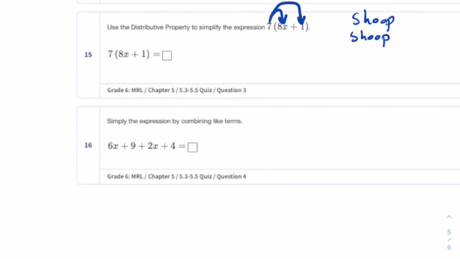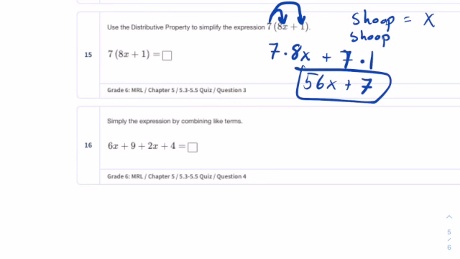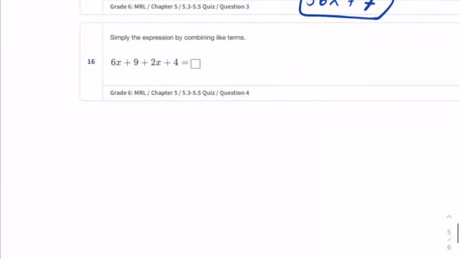So we do 7 times 8x. Every time you shoop, you multiply. Shoop equals multiply. So 7 times 8x and 7 times 1. So that's 56x plus 7. There you go. That's the answer to that one. I distributed the 7, 7 times 8x and 7 times 1.